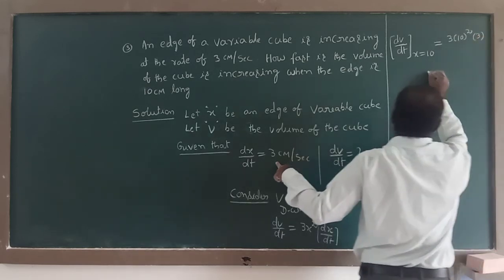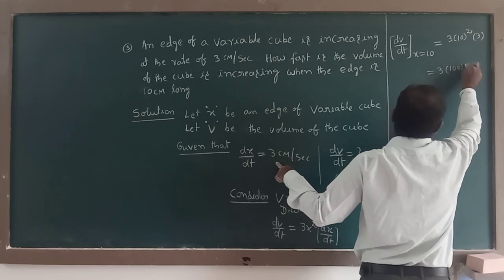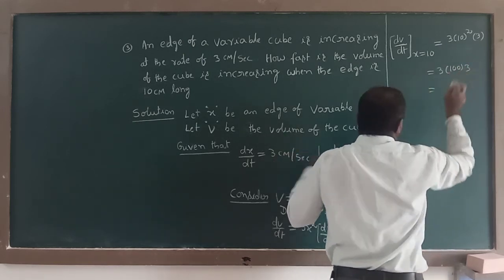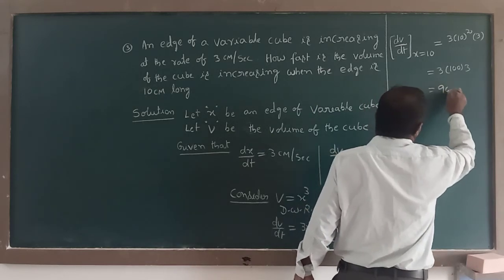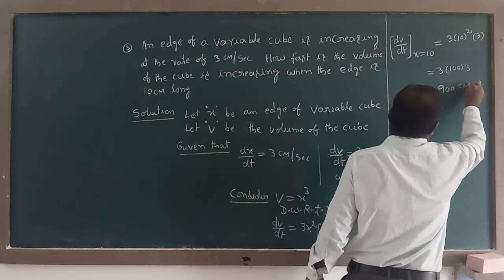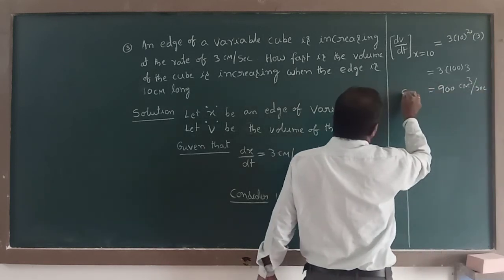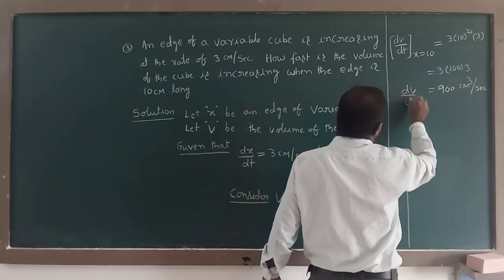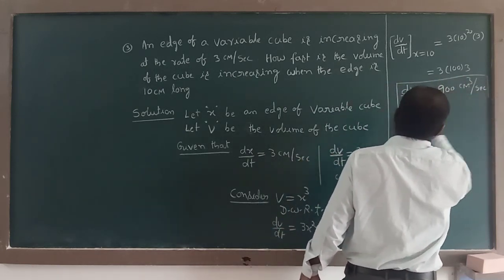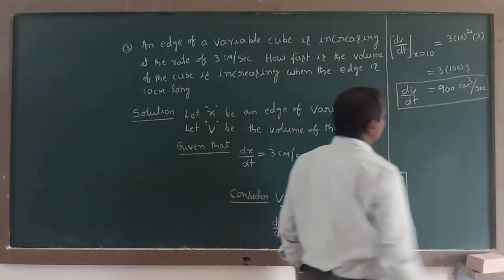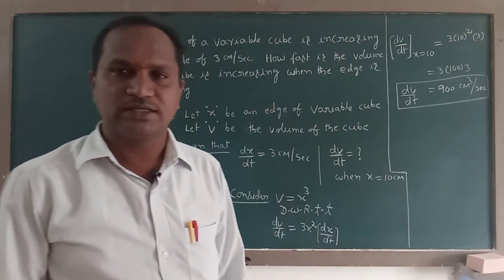That is equal to 3 into 100 into 3, so this is 9 into 100, 900 centimeter cube per second. It is the dV by dt, nothing but the rate of change of volume. The rate of change of volume for the cube we got is 900 centimeter cube per second.